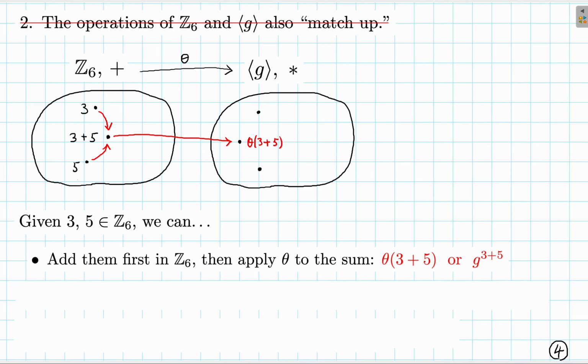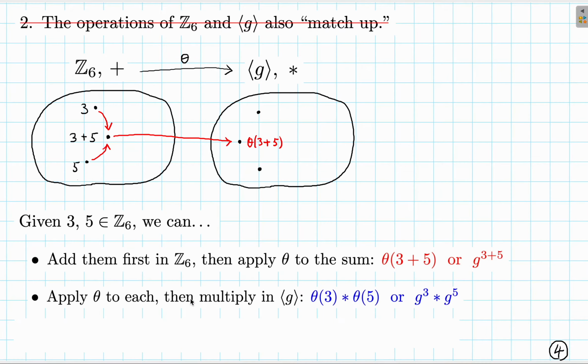Now, alternatively, we could also apply theta to each of 3 and 5 separately first. And so we get theta of 3, and then applying theta to 5, we get theta of 5 right there.